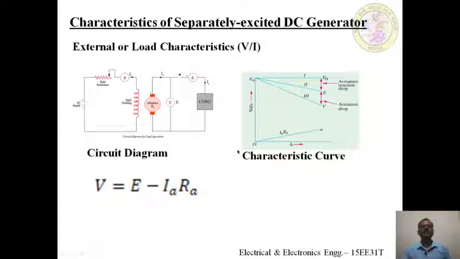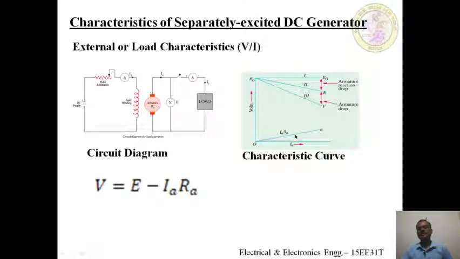Now we will discuss the external or load characteristic of separately excited DC generator. This characteristic curve is drawn between load terminal voltage V versus load current I or IL. This can be obtained from the internal characteristic. The straight line OA is the IA RA drop for different armature current.